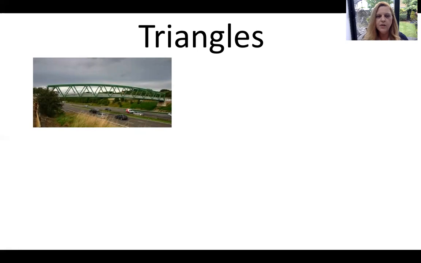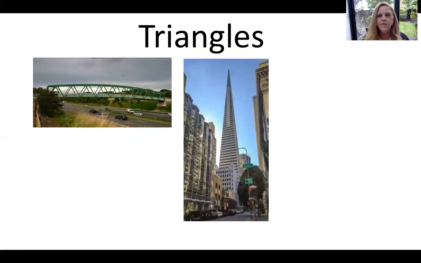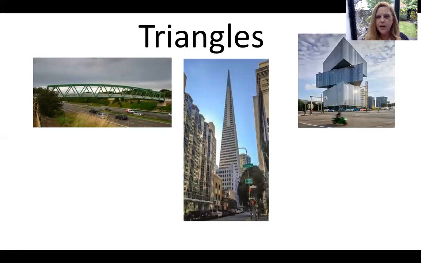So let's have a look and see how people have used it. There's a very tall building that's in San Francisco in America, and that's a hotel in Holland, and they've got lots of triangles on top of each other, 3D triangles. They look like they're balancing.